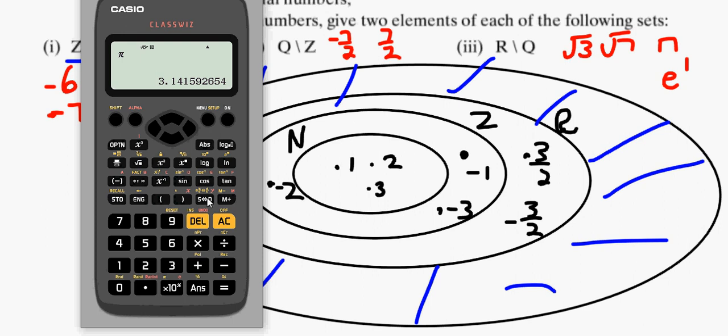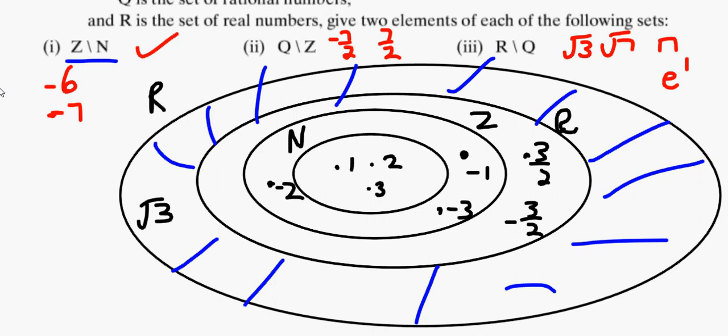It's an approximation, it's not exactly pi. 22 over 7 is close to pi, but it's not pi. Everybody cool with that? In fact, if I did pi take away 22 over 7, you can see it's actually quite a small number. It's 0.0001, something like that, okay? Now, happy days. That's what we're doing there.